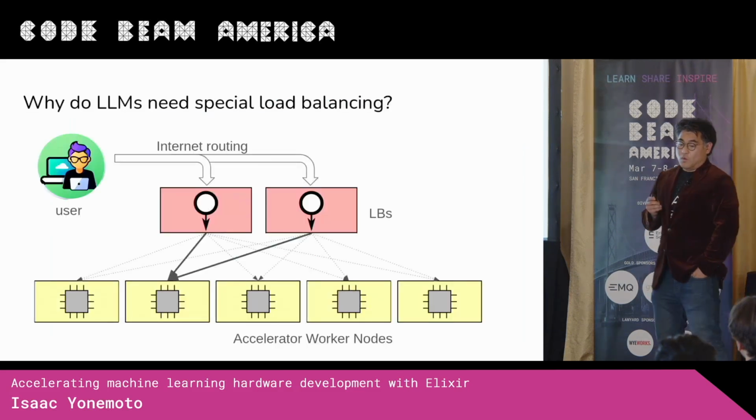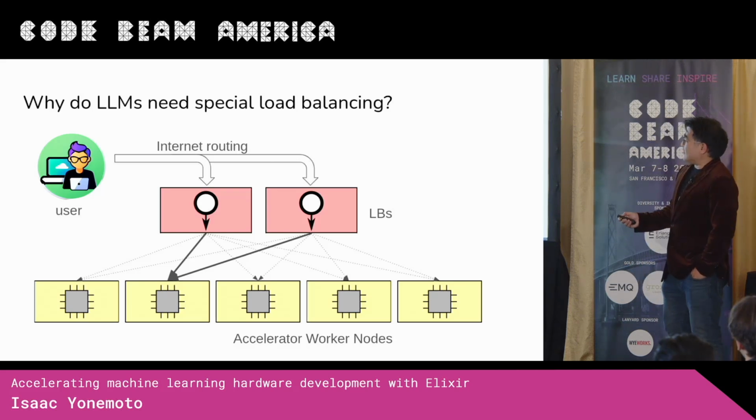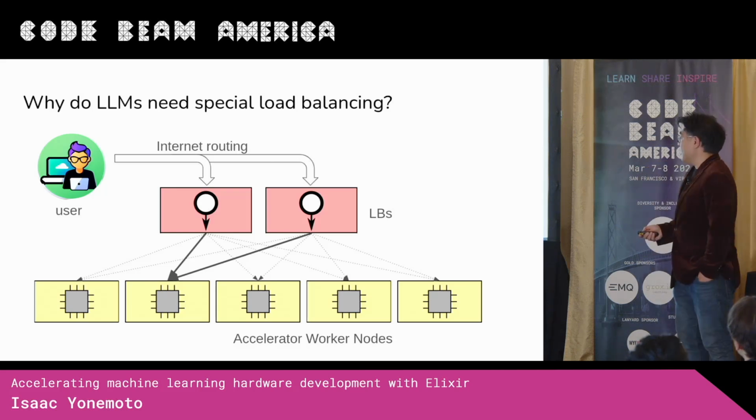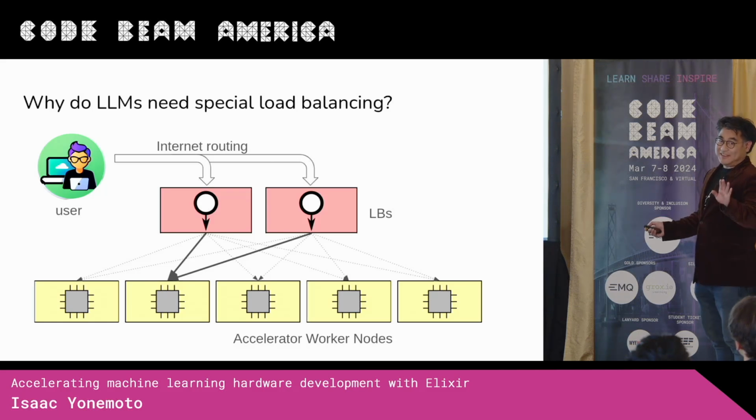Okay, so why do LLMs need special load balancing? When your user connects into the load balancing, first of all, your internet router might put you into any one of the load balancers. You don't know which one it's going to come to. But regardless of which one it goes to, we really want requests that are semantically similar to be sent to the same machine.